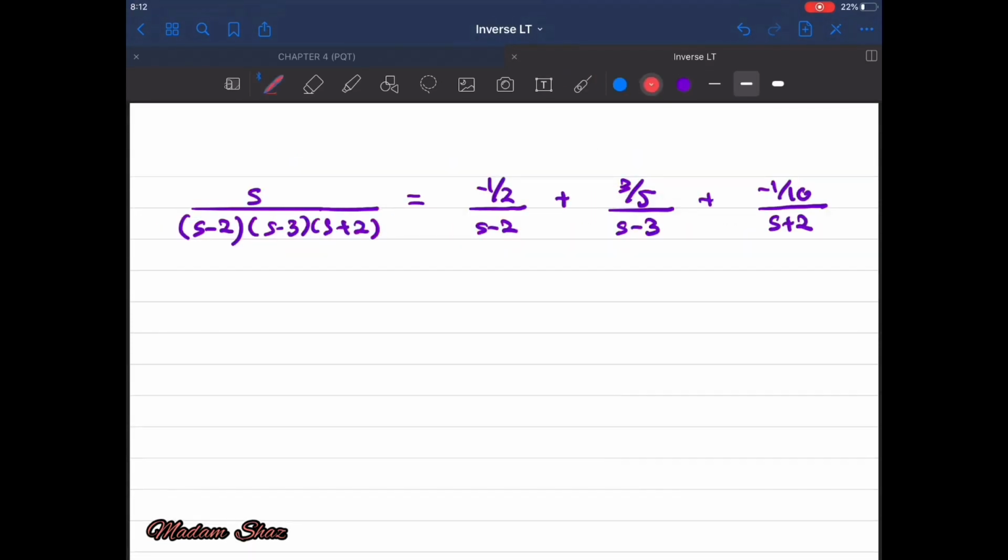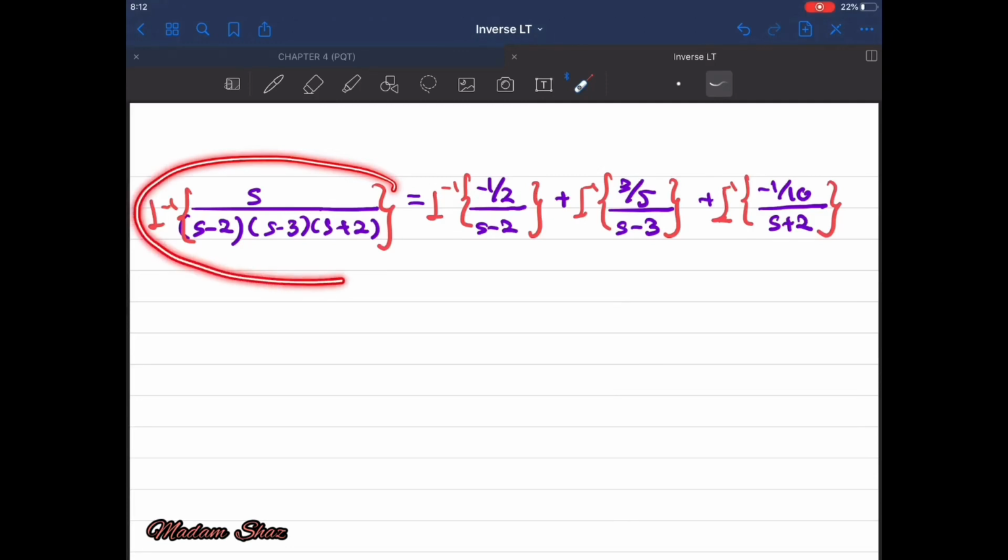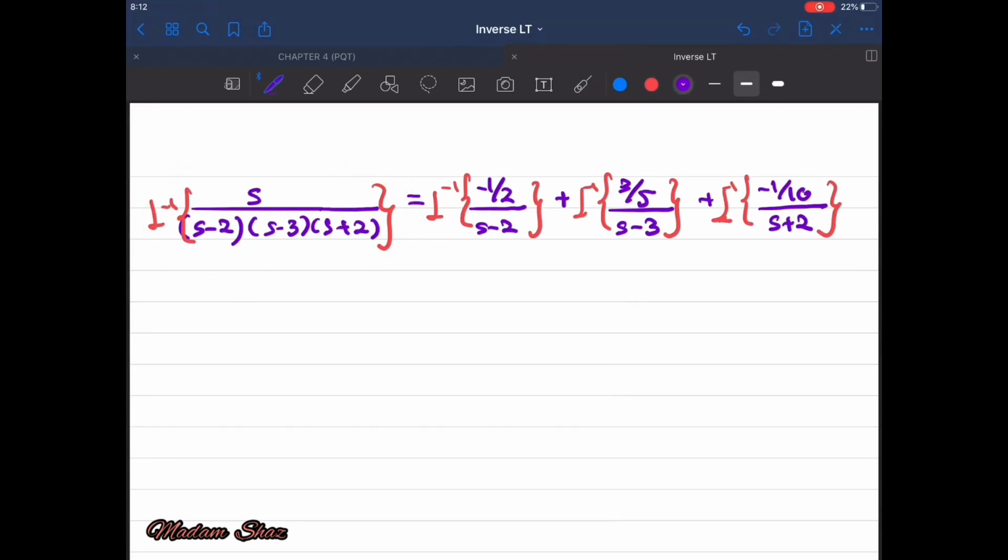So from here, we have to write the Laplace inverse curly bracket for the whole thing. Laplace inverse S over S minus 2, S minus 3, S plus 2. This one is equal to y(t).